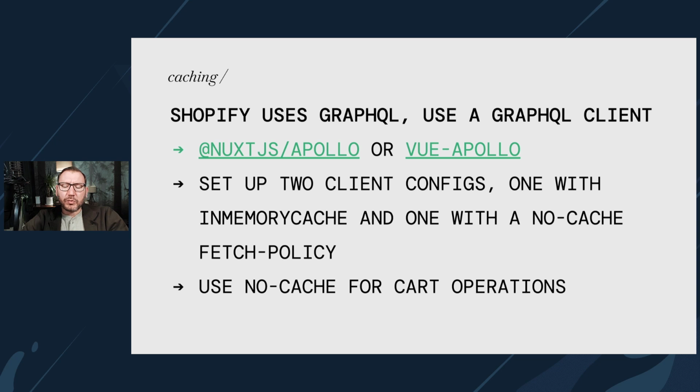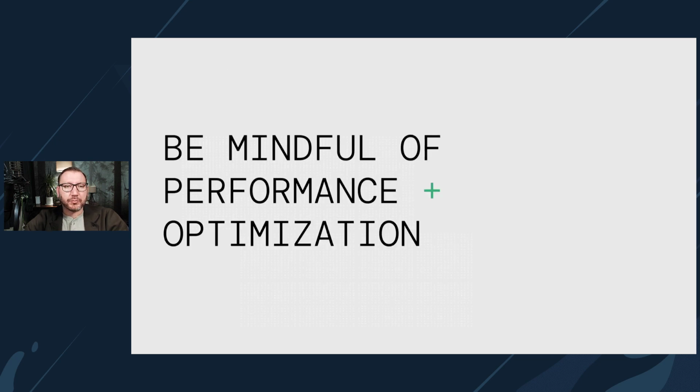We found that when you have users adding, removing, changing quantities, when you have cache sitting in between there, it can get in the way. So anything related to the cart or checkout, we use the no cache Apollo client. It takes it out of the equation and simplifies us having to deal with cart and checkout data.